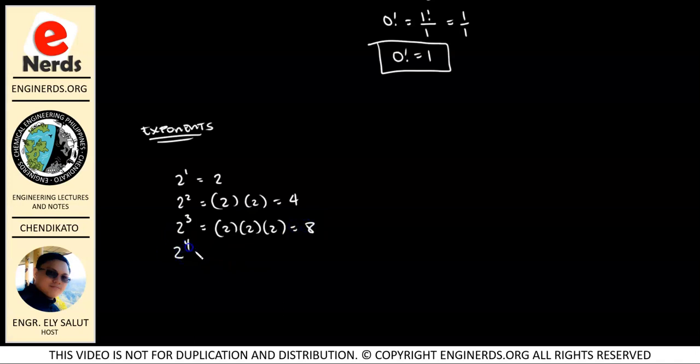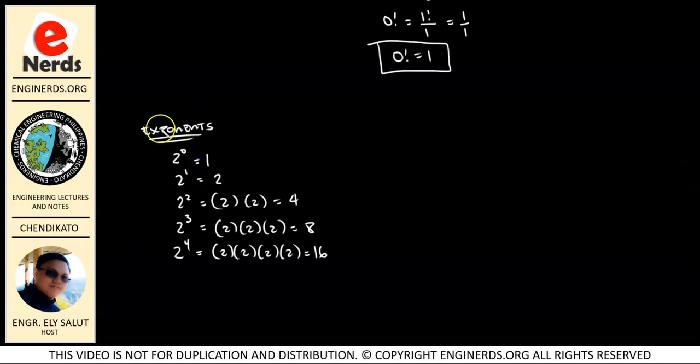Then 2 with an exponent of 4 is equal to 2 times 2 times 2 times 2, and this is equal to 16. Diba? Now, why we're doing this is to identify why 2 with an exponent of 0 is equal to 1.